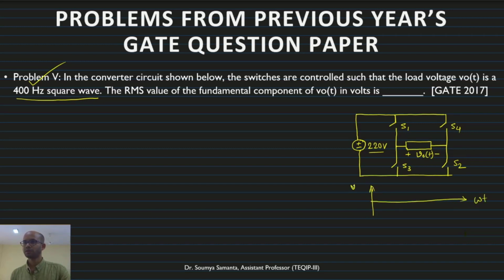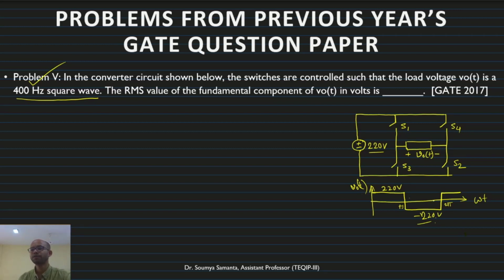This is a 400 hertz square wave. This is pi, this is 2 pi, and this voltage is 220 volt DC, minus 220. So this is the waveform.